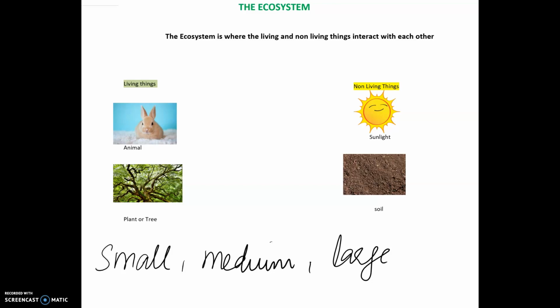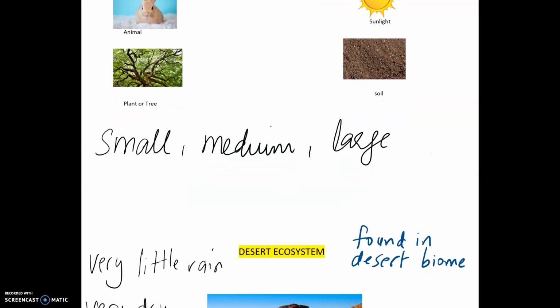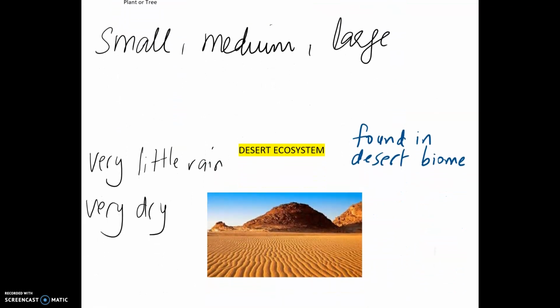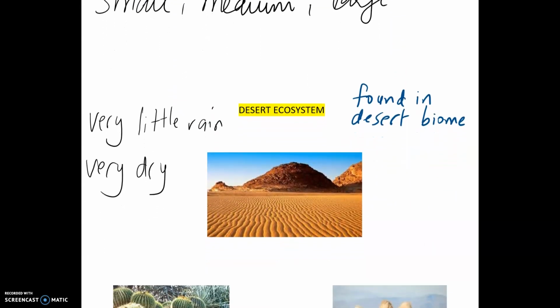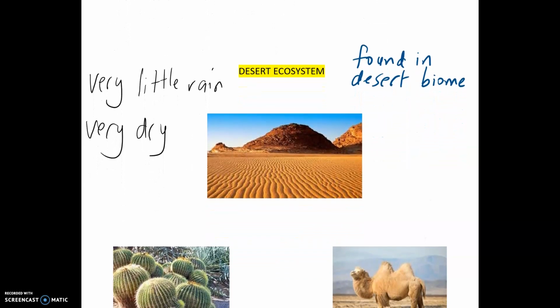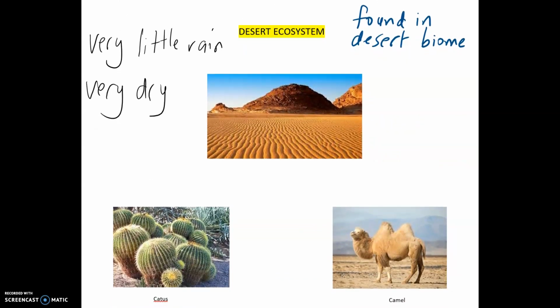The first ecosystem I'm focusing on is a desert. A desert ecosystem is found in a desert biome. In a desert biome, you will have a special type of animal and plants. Now, because in a desert it's very little rain and it's very dry, the animal and plant you find here are very specific.